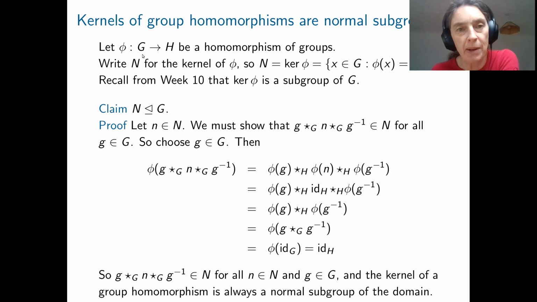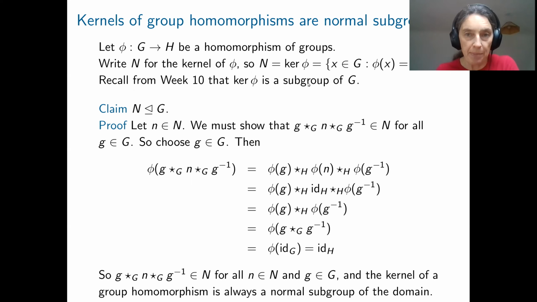What that means is if I take a pair of elements in G, compose them in G, and then apply phi, I land somewhere in H, and that should have the same outcome as if I map my two elements of G into H separately under phi, and then do the composition over in H using the group operation of H. If those two processes always result in the same outcome, the function is a group homomorphism. Okay, so let's write N for the kernel of phi.